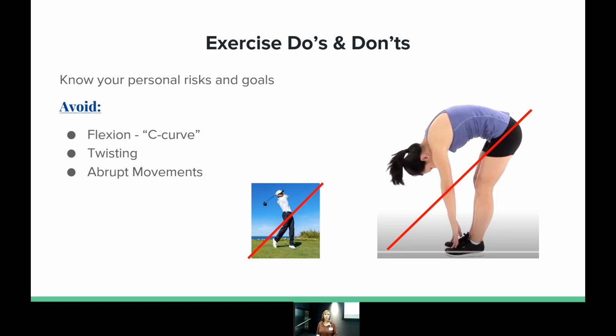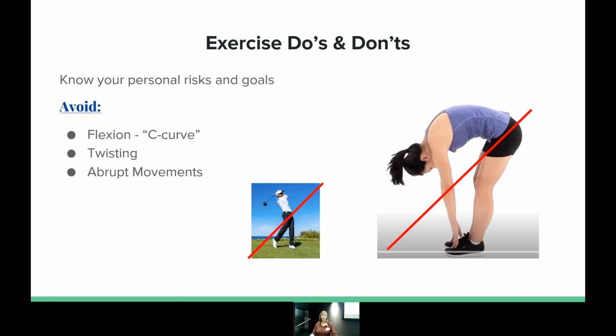So what works for a majority of people in a group exercise class may not be a good choice for an individual based on their own unique health issues and needs. So basically, you should know your own personal risks. It might be a good idea to have your bone mineral density measured before you start an exercise program, or at least consult with your doctor or healthcare provider if you have concerns about your skeletal health.